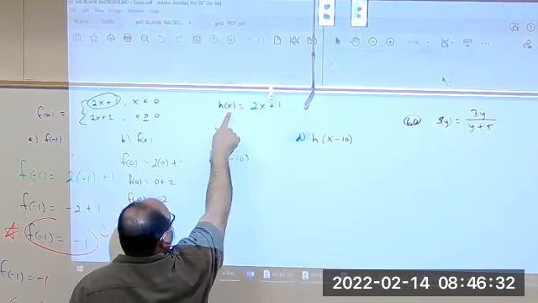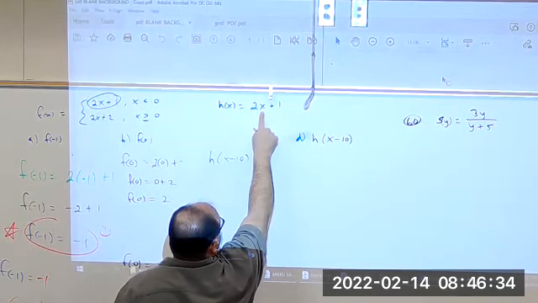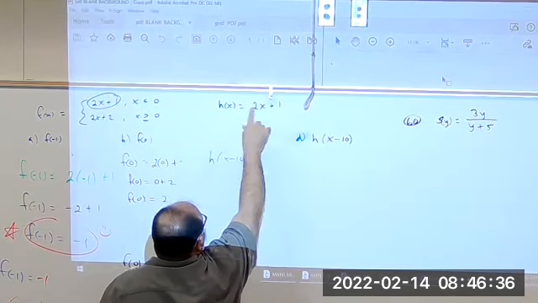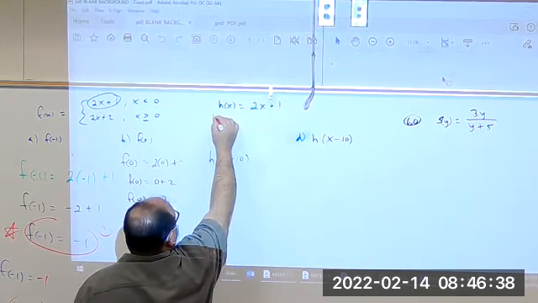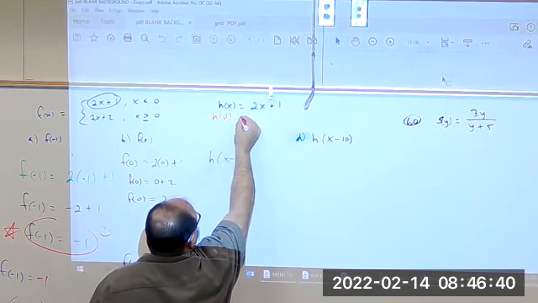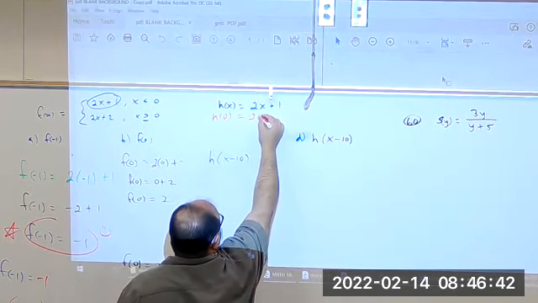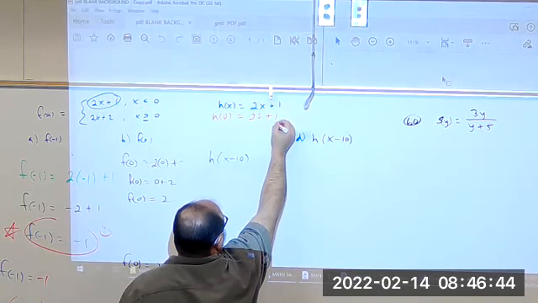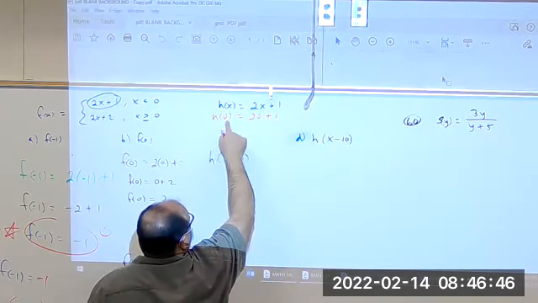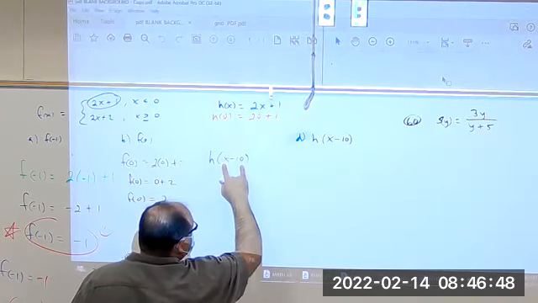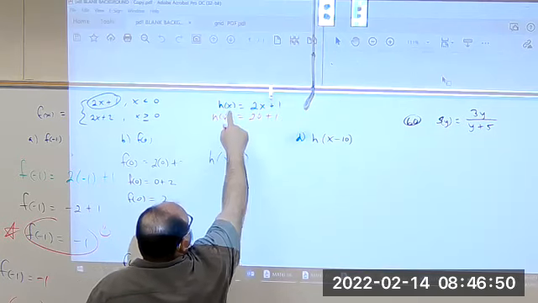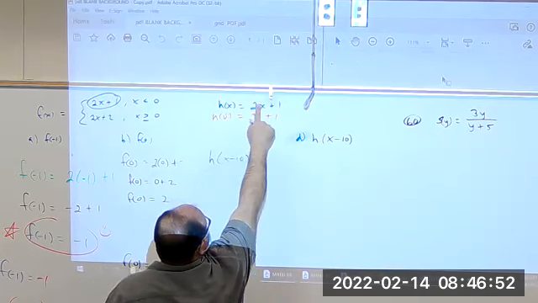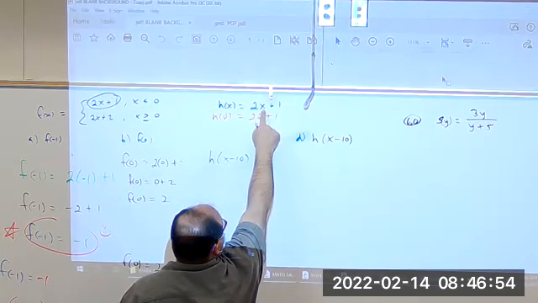If I plug in -8, 2 times, that becomes -8 and then plus 1. If I plug in happy face, h of happy face, that x is now a happy face and then plus 1. Whatever I replace the x here, whatever this is now, is going to replace it there. That means it's going to replace that right there.